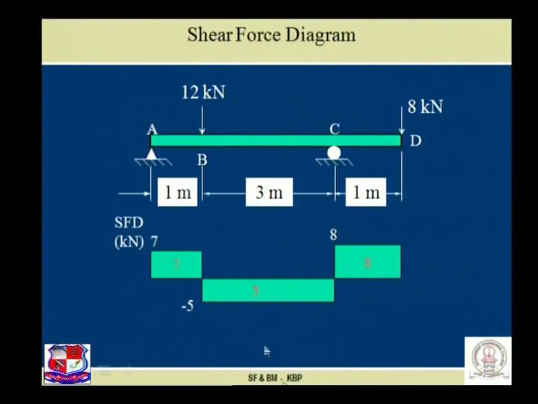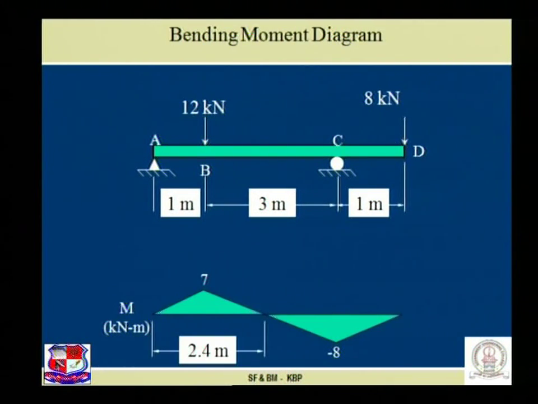Why this? Because there is no load between these two point loads, and we have understood it over here in the tabletop also. Next, this is my bending moment diagram. The point at which this bending moment is 0 is known as point of inflection or point of contraflexure.